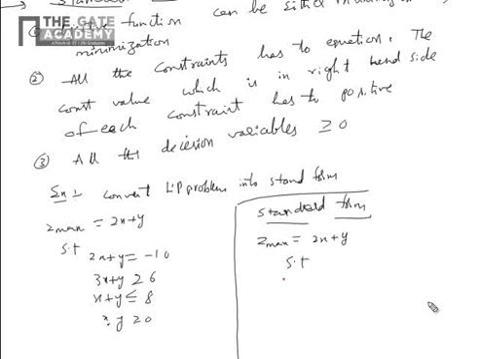So multiply by a negative value: minus 2x minus y equal to 10. Next, all constraints have to have an equality sign. So 3x plus y is a greater than or equal to constraint. If it is greater than, that means it is bigger, so subtract some value.